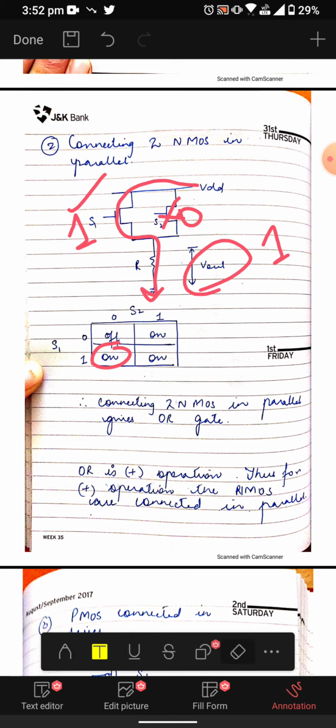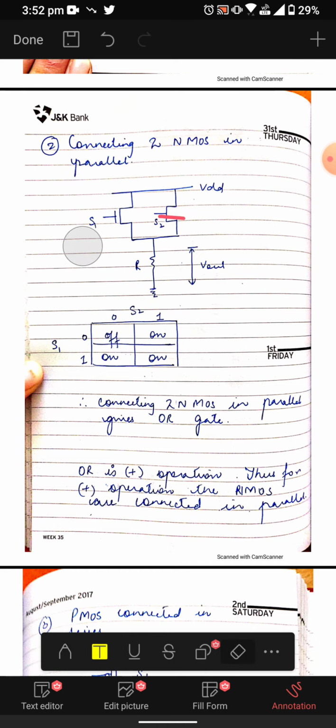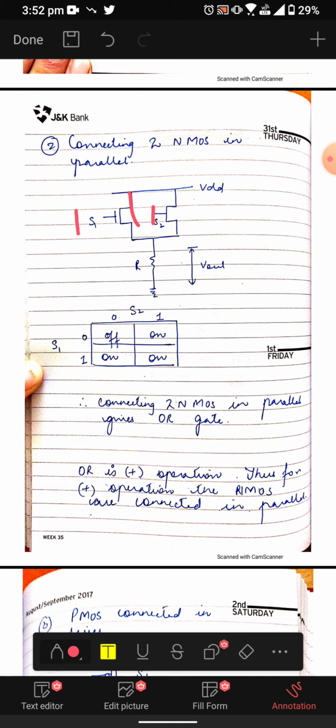Fine. Now what will happen if I give 1 at both the gates? This will be a short, and Vout again will be on. Now if you observe this logic, you'll come to understand that when two NMOS transistors are connected in parallel, they function as an OR gate.